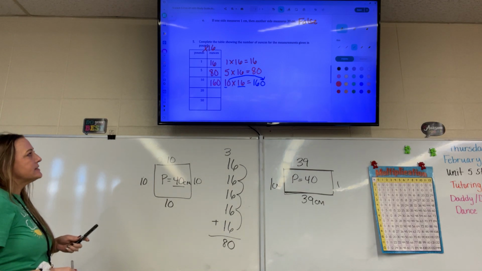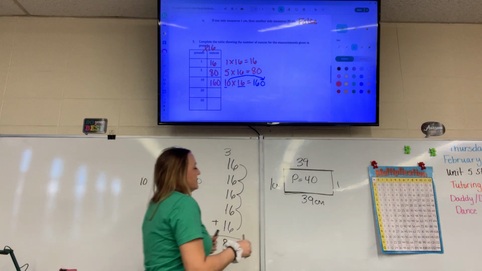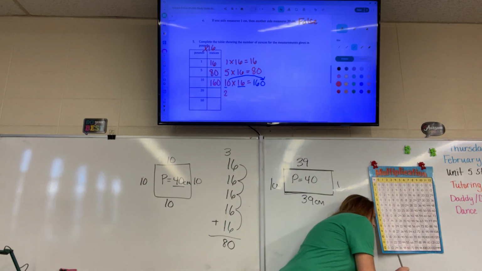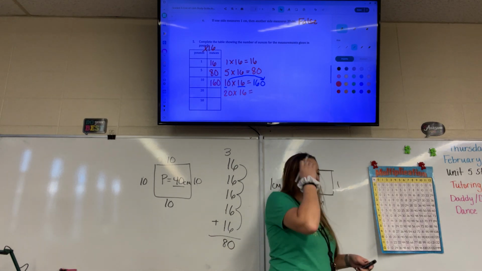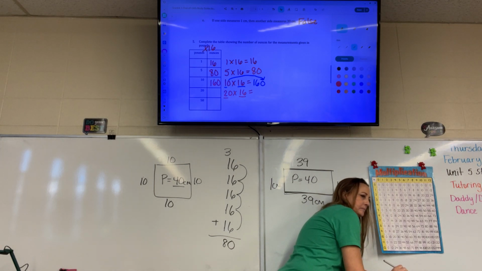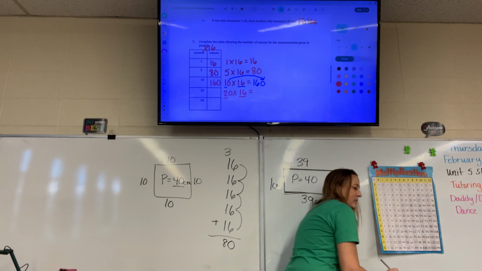Okay. Next it says 20 times 16. We have a basic fact again. What is our basic fact on this one? Fisher? 2 times 16. Do you know what that equals? 42. Nope.